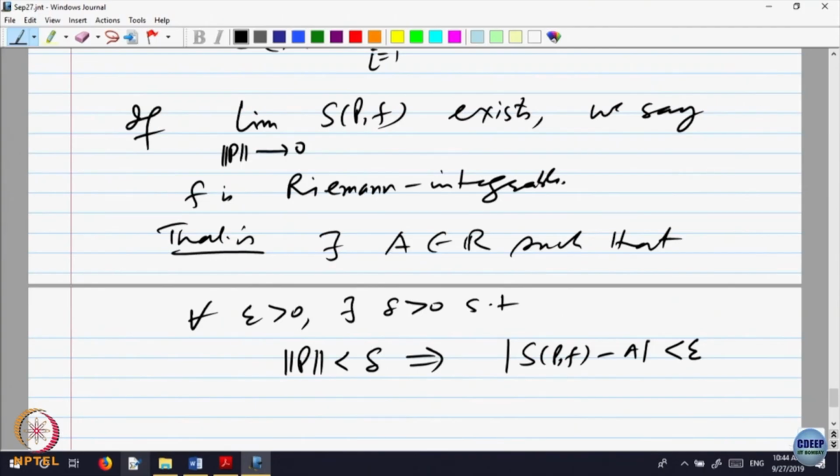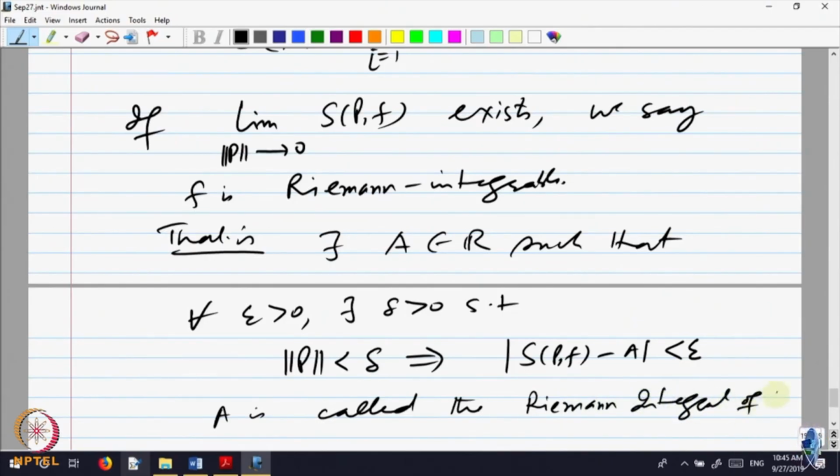So you say it is integrable, and this number A is called the integral. We should say Riemann integral for the time being, because we have a notion of integral coming from upper sums and lower sums, called the Riemann integral of f.